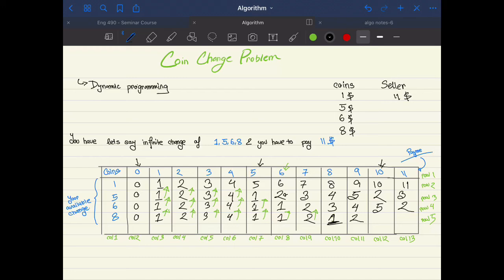For 10, we put 3. And for 11, we go 8 steps to the left, which is 3 plus 1, that would be 4, but we already have a value which is much smaller than 4, right, which is 2 from the above row. So we put 2 here and point to where this value 2 came from.